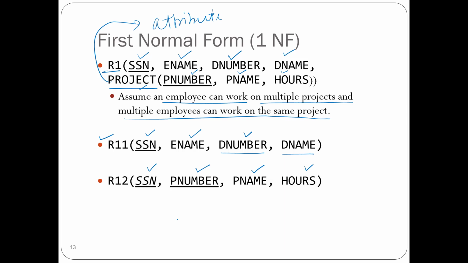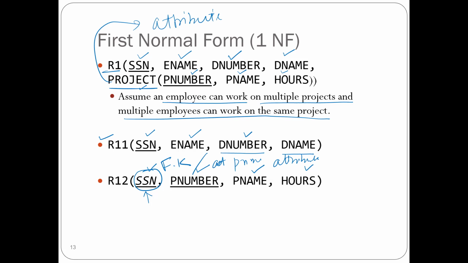Okay, and I think we have seen this example earlier as well, maybe in a different context. This SSN that you have in R12 is what? Is the foreign key, all right, as well as it is a prime attribute. Why is SSN a prime attribute?